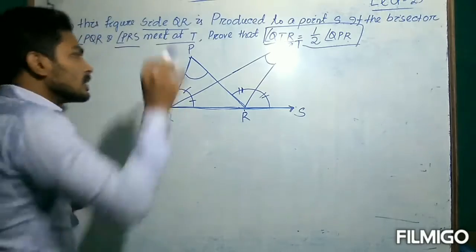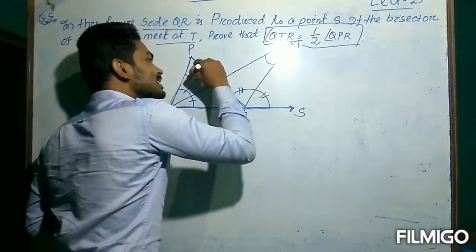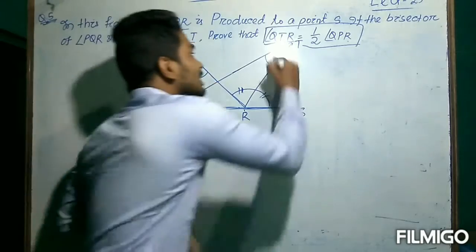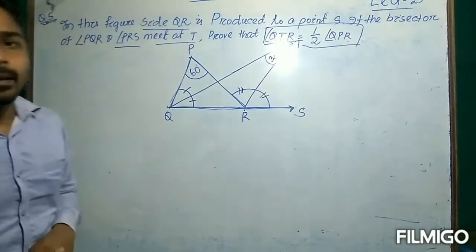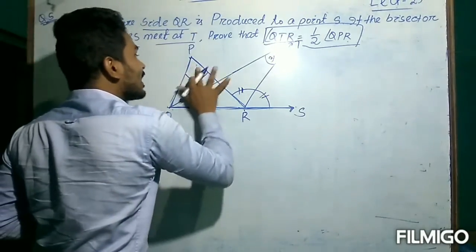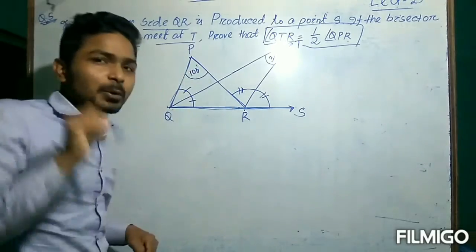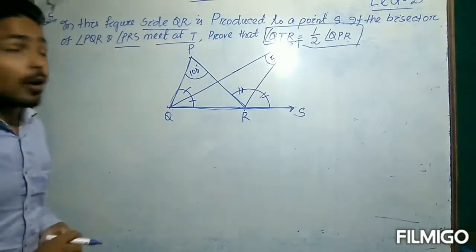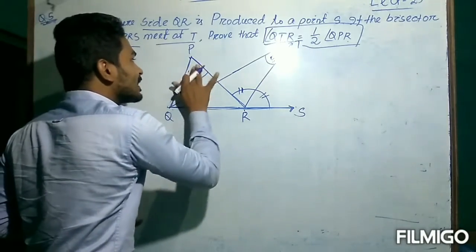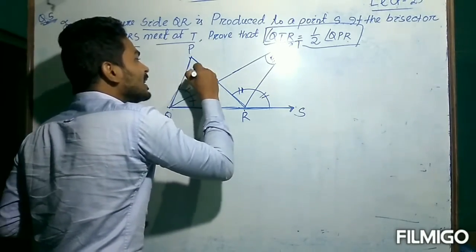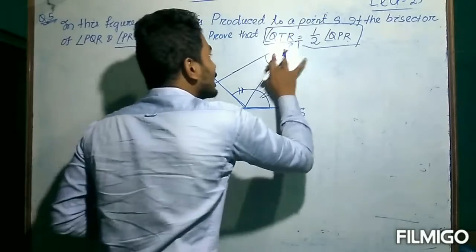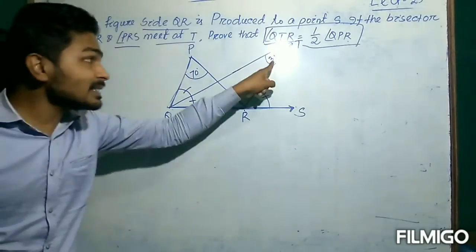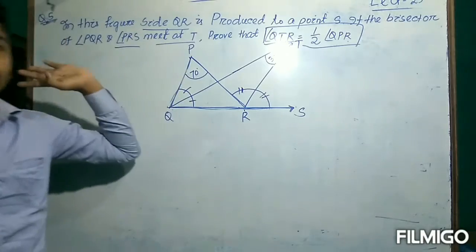Suppose this angle is 60 degree, then this angle is 30 degree. Or if this angle is 100 degree, then this angle is 50 degree. Or if this angle is 70 degree, then you have to prove that this angle is 35 degree. So ultimately you have to prove that this angle is half of this angle.